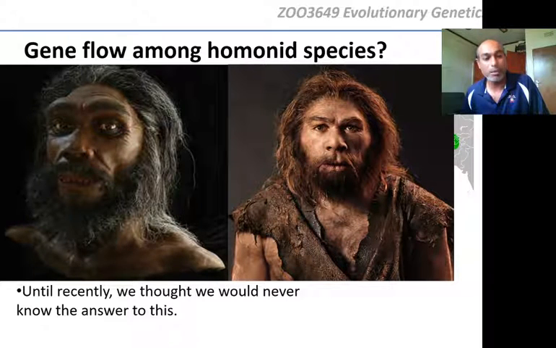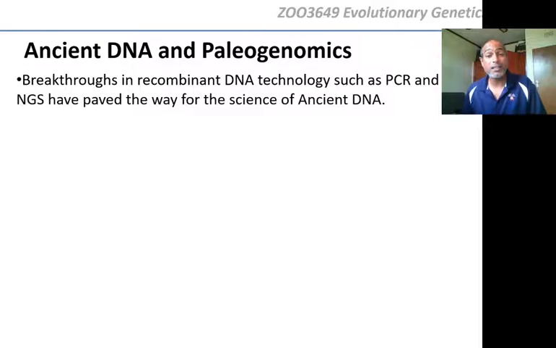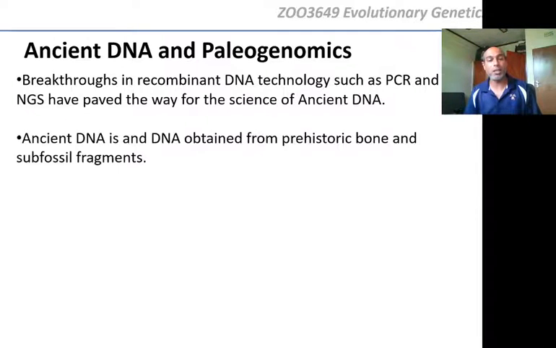But then what happened? Ancient DNA and paleogenomics enter the scene. New breakthroughs in recombinant DNA technology, such as PCR, NGS, and bioinformatics, paved the way for the science of ancient DNA.